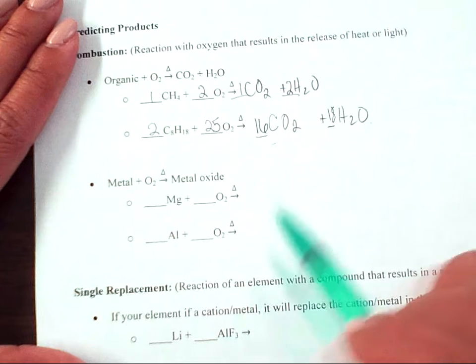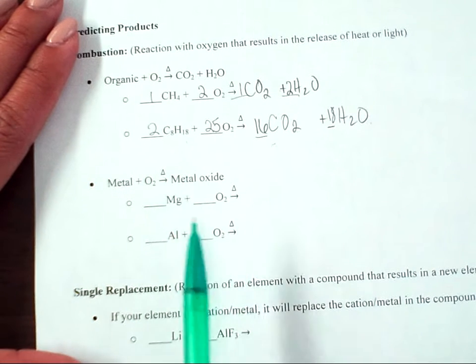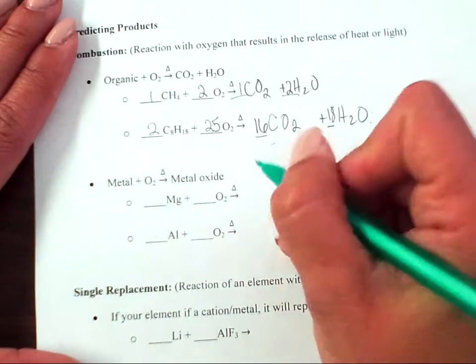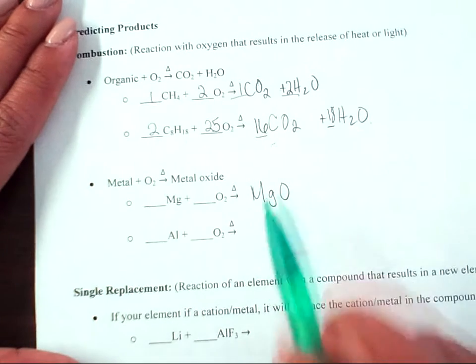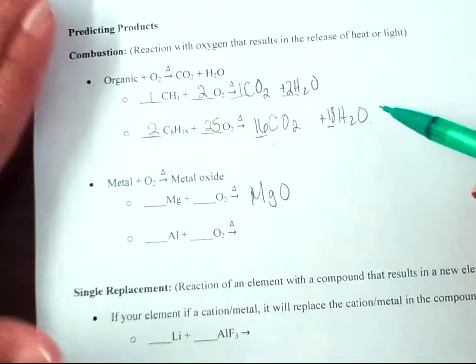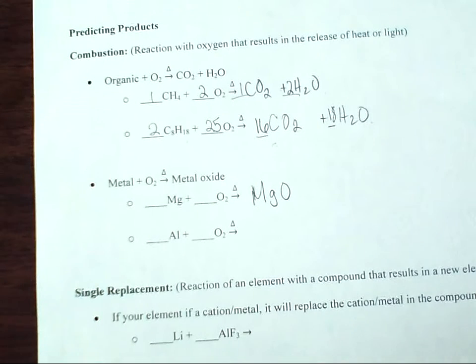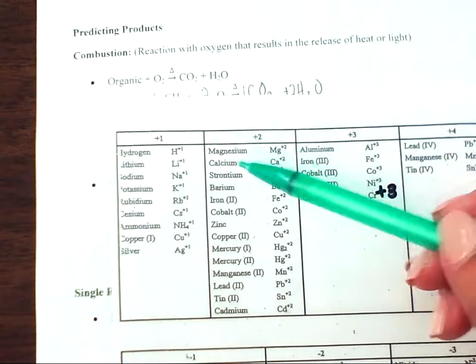Okay, next, we have a metal with oxygen creating a metal oxide, so magnesium with oxygen. Now, notice I only put 1 of each element there. There's a good reason for that. Magnesium, if you look at the oxidation state of magnesium, now there's 2 places you could look. You could either look on the ionization chart, which has magnesium here.